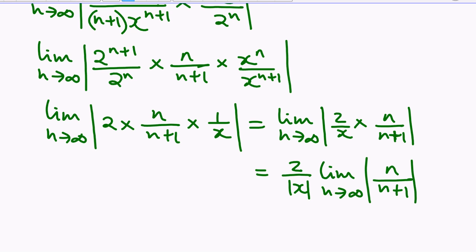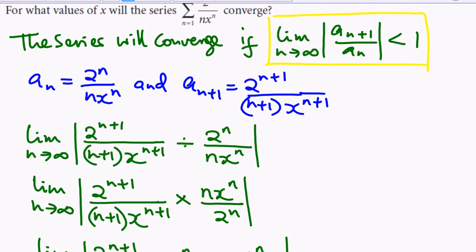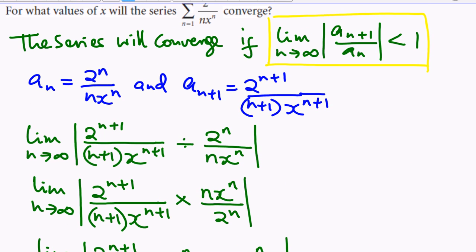All right. Now that's the expression for the limit of the absolute value of a sub n plus 1 over a sub n. But you're saying this series will converge if this limit is less than 1.